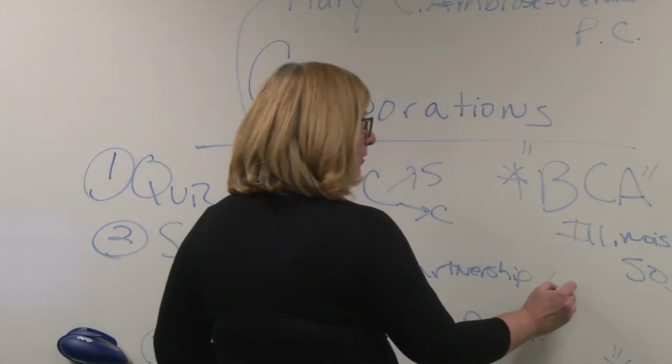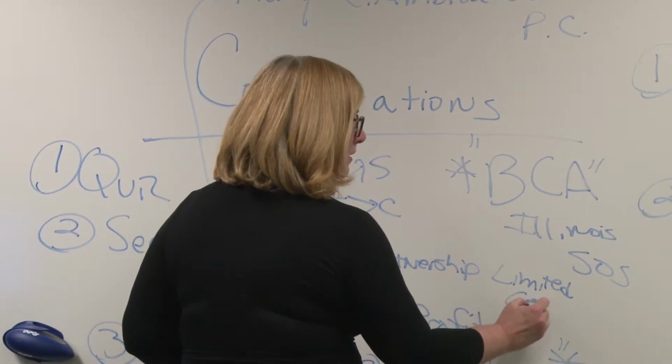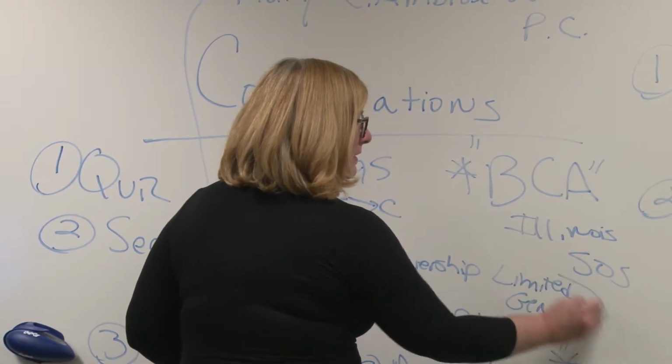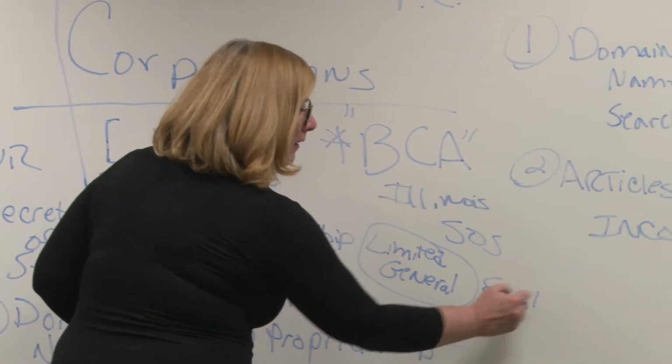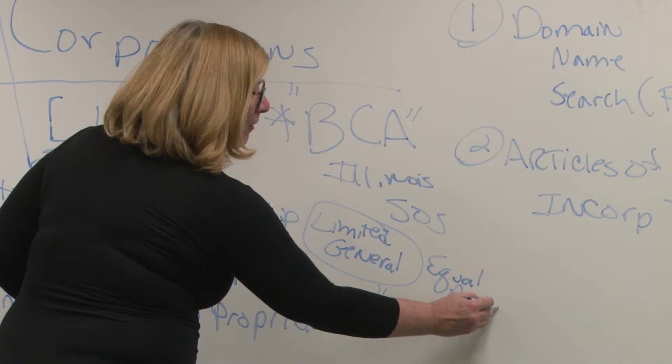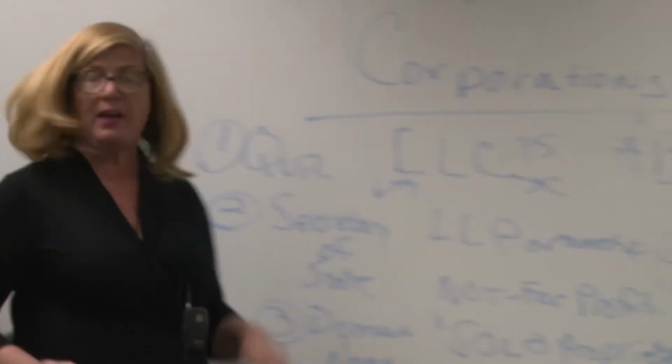And that would mean you share in the responsibilities and the profits of the business. We have limited partners and general partners that have different responsibilities and expectations, or we have equal partners. All of which are defined by the partnership agreement that you write up with your sister. But that is one form of business entity.